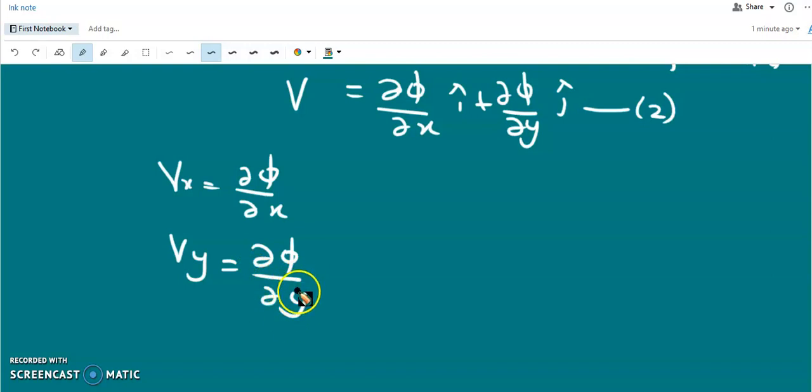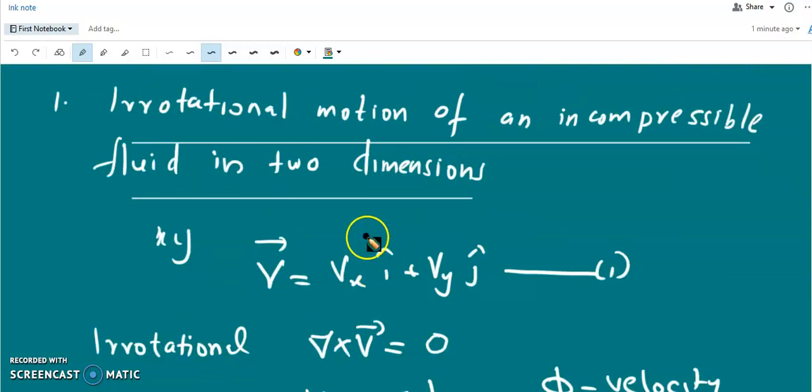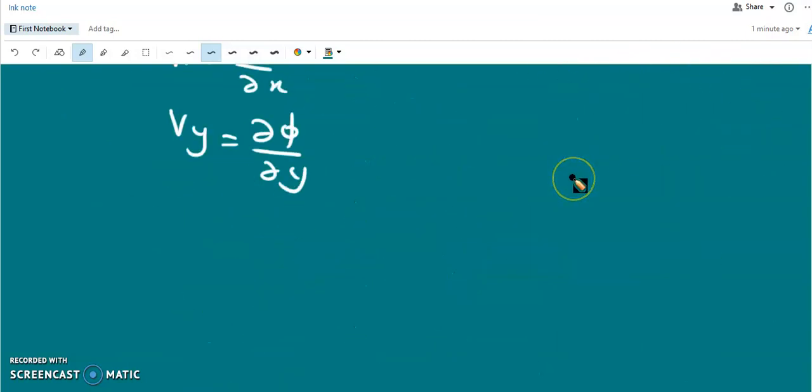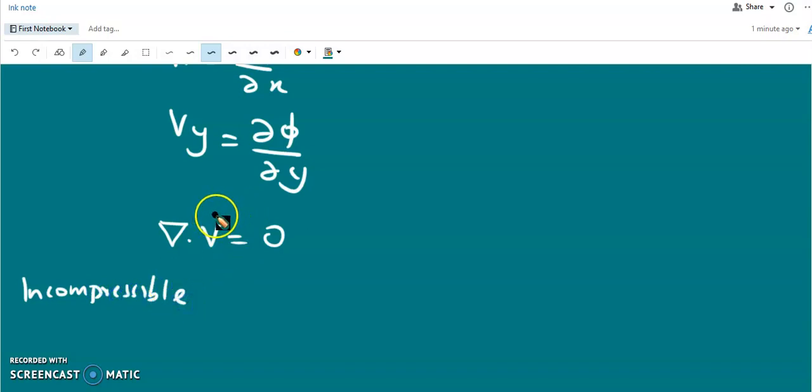Now the fluid is incompressible also. So it's written that the fluid is incompressible. Incompressible, its physical meaning is that the divergence is also 0. For an incompressible fluid, the divergence of the velocity is 0.